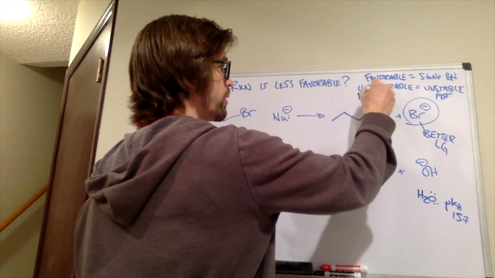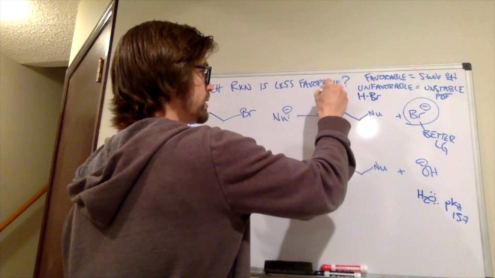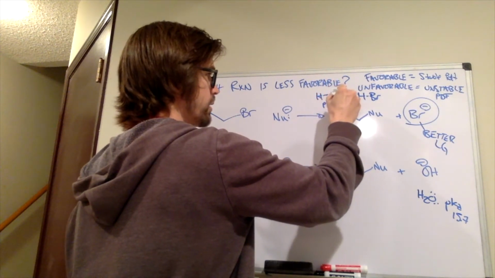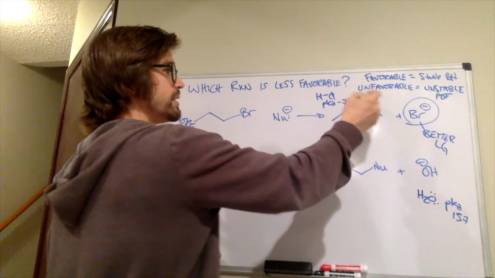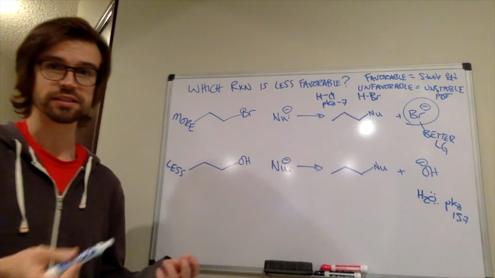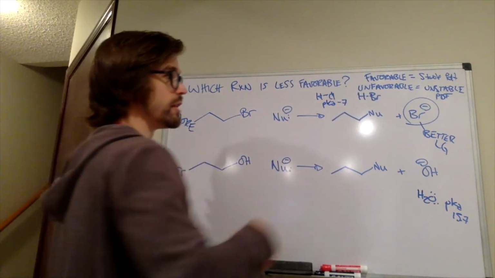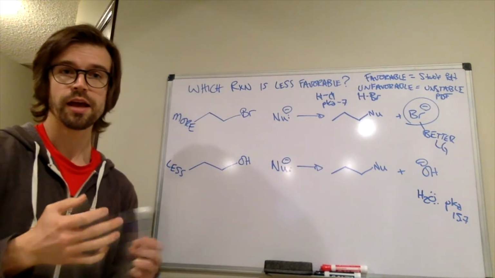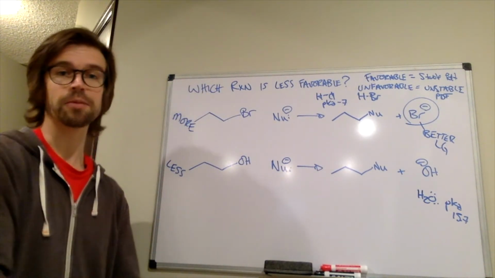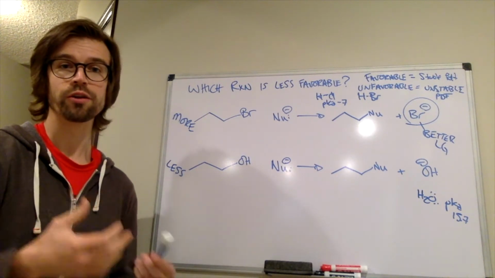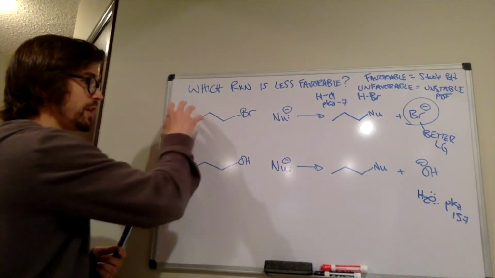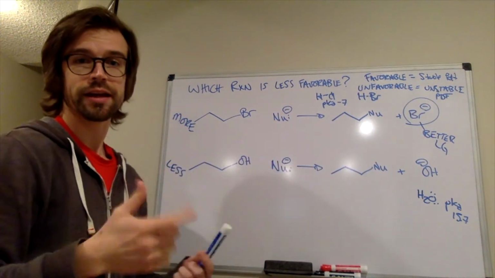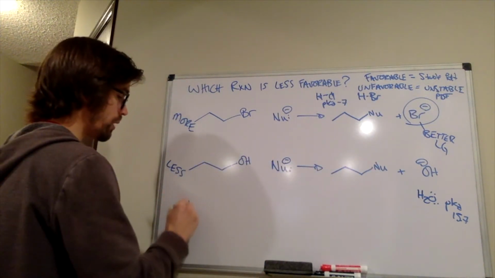HBr, we don't know its pKa, but we know that HCl has a pKa of -7. This is a stronger acid than HCl, so that tells us that this is going to be an extremely stable conjugate base, and that means that it would be an extremely stable anion by itself and a really good leaving group. So this is a really favorable reaction, and this reaction below is not very favorable whatsoever.